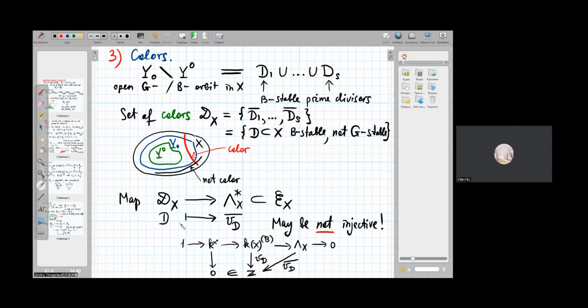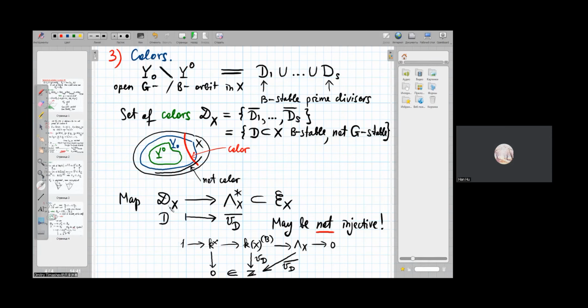And when you pass to an open subset, the valuation corresponding to a divisor does not change. The rational functions will be the same on the open subset, and the valuation will be the same.